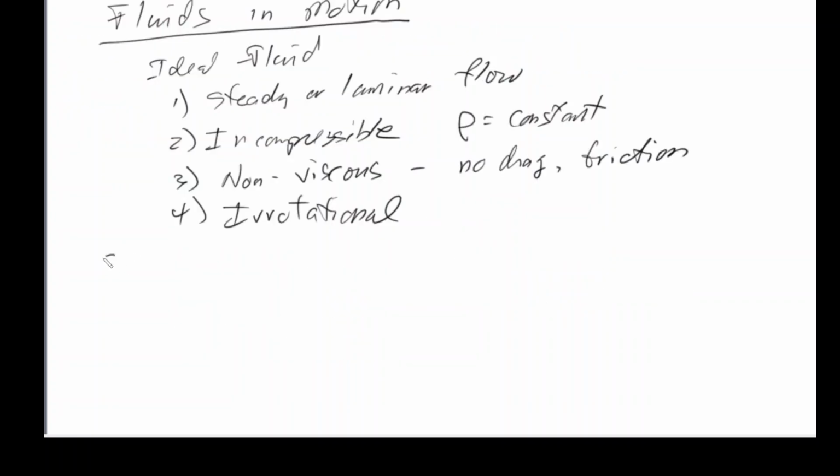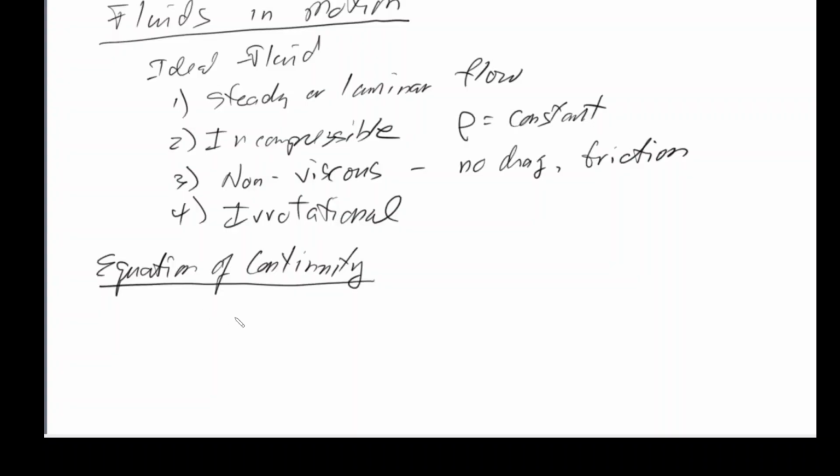So this brings us to the equation of continuity for a fluid in motion. And this states that the velocity of flow is related to the cross-sectional area it flows through.